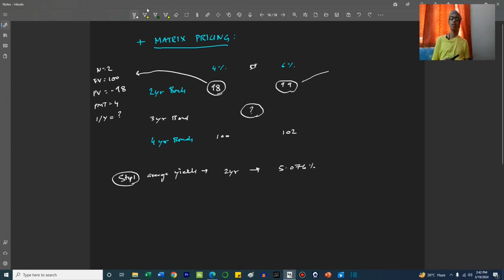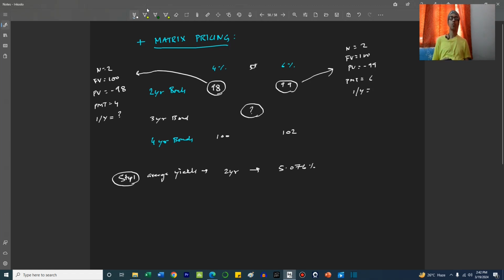Now the next one. For this one, N is equal to 2, FV again is 100, PV is minus 99, PMT is 6, we need to find the yield.